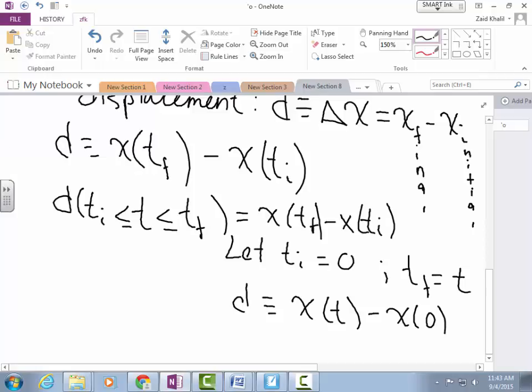And so there we have it. Now we can write it in a more simple way, and we can say, okay, that our displacement, if we call TI 0 and call TF T, our displacement goes from what to what? What time period? It's over what time period? From 0 to T. And so that's nice. That's easy, right? It's very easy to see. Okay.